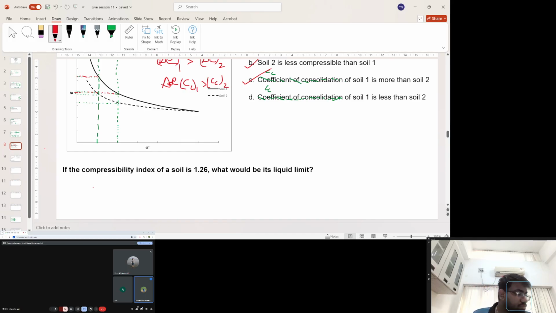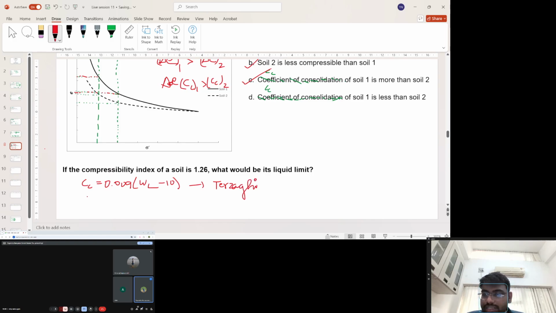So Cc, there are two relations: 0.009 into (liquid limit minus 10), which is given by Terzaghi and Peck.